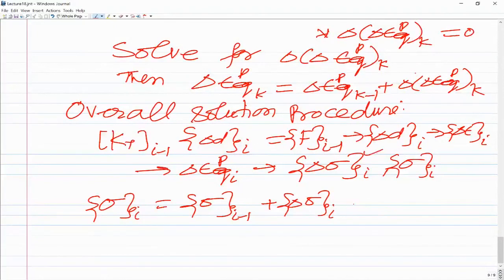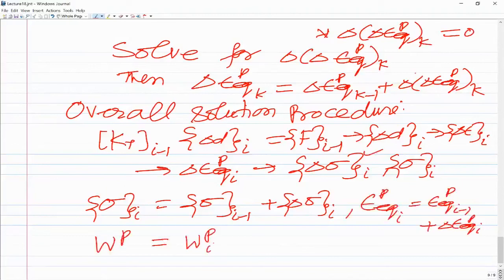Similarly, you need to calculate the equivalent plastic strain, which would be epsilon equivalent for the (i-1)th iteration plus delta epsilon equivalent P for the ith iteration, and then you also need W_P. So W_P is W_P for the previous iteration plus sigma_y for the current iteration into delta epsilon equivalent for the ith iteration, and this is how we will solve the problem. That's the total solution procedure.